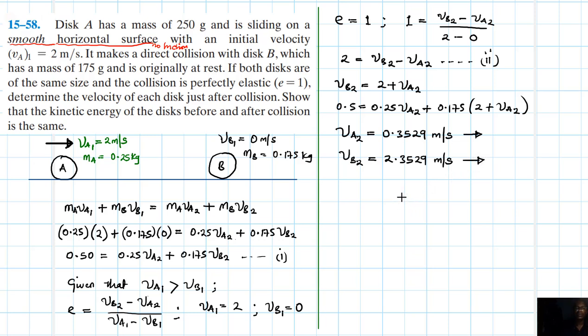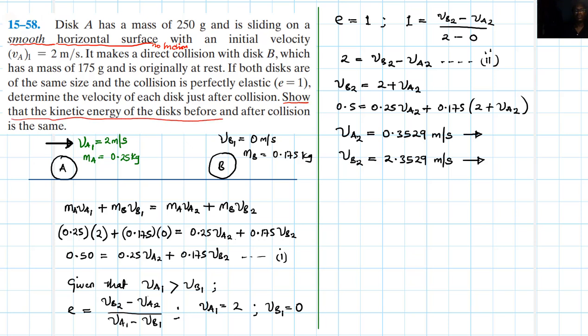Okay, let's work on the second part, which is to show that the kinetic energy of the disk before and after the collision is the same. Alright, so we know that the total work from 1 to 2 is just equal to the difference in the kinetic energy, right?